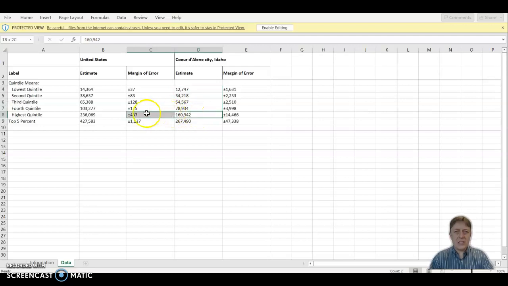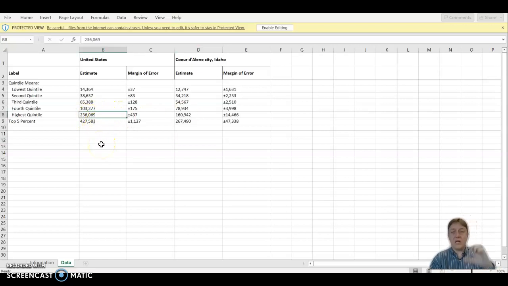So if we take a look at the highest quintile, how can you get less income inequality? That is more income equality. One way to really do that is to have less income for folks on the top. Look at the difference here.